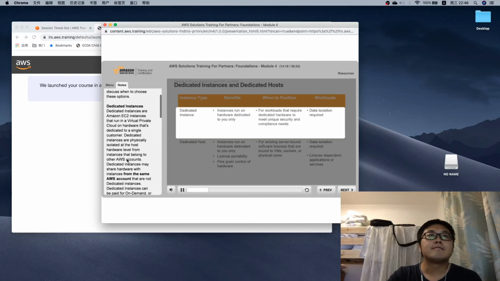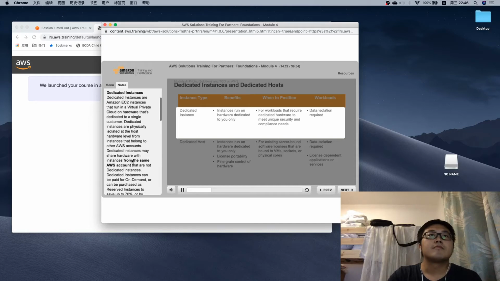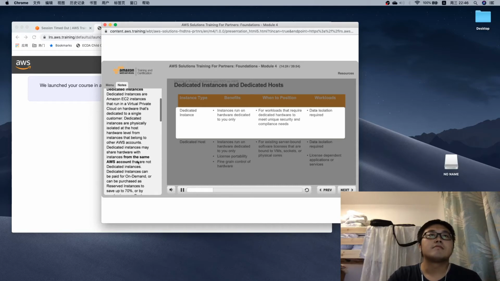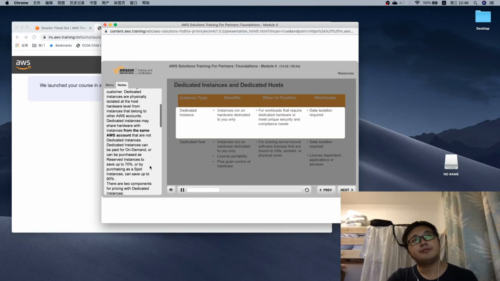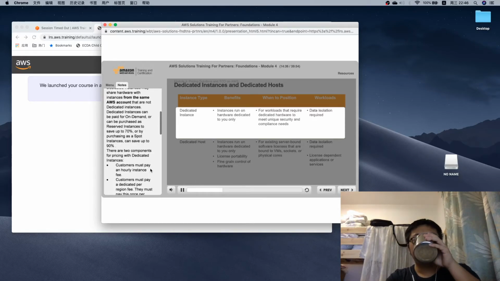Dedicated instances may share hardware with instances from the same AWS account that are not dedicated instances. Dedicated instances can be paid for on demand or can be purchased as reserve instances to save up to 70%, or by purchasing as spot instances can save up to 90%.